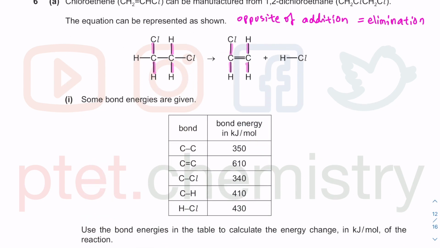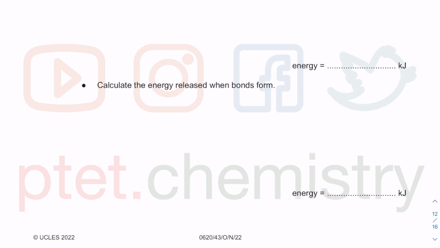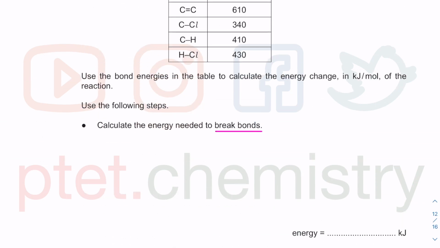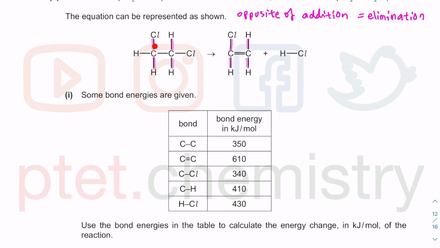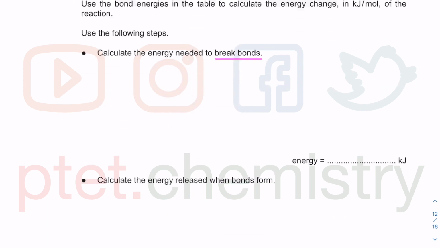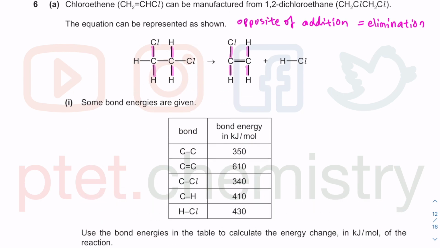If you are just asked to work out the enthalpy change, which is usually the end game of this type of question, you could have skipped breaking down everything, because if you break these 4 pink bonds, you are going to form these 4 bonds as well, so they cancel each other out. But because they do want you to work out the energy needed to break bonds, I'm just going to have to break everything.